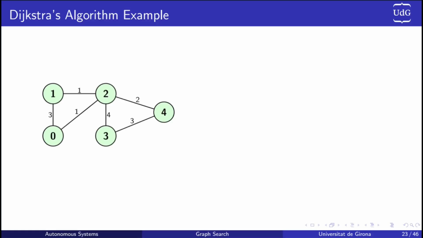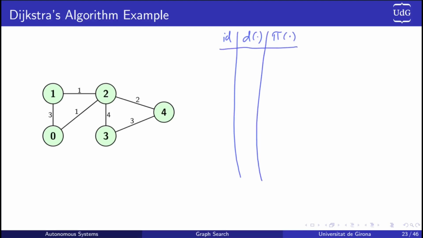For the Dijkstra algorithm, I create a kind of table with the ID of the node, the distance to reach this node, whether it's visited or unvisited, normally marked with a star, and the pi, meaning from where I'm reaching this node.